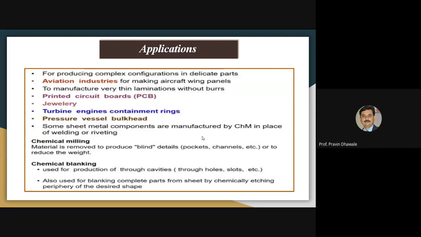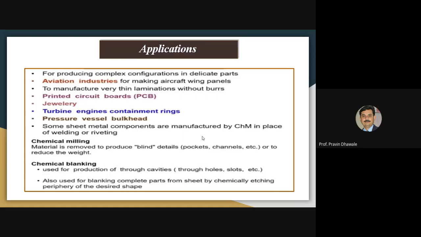In certain aviation industries, in order to produce wing panels, we may use the chemical machining process. Whenever you have to manufacture very thin laminations without burrs, we go for the chemical machining process.